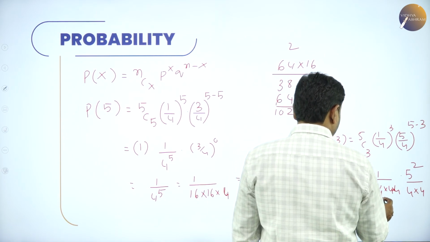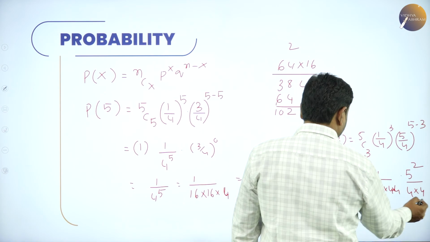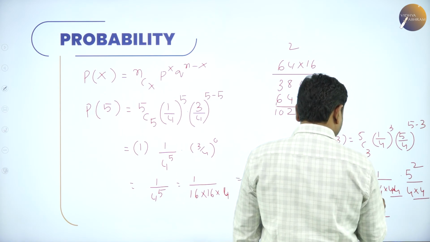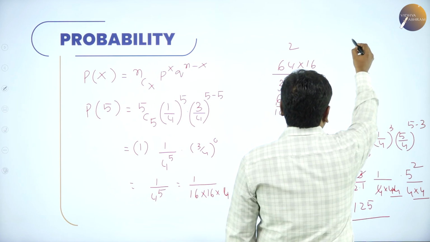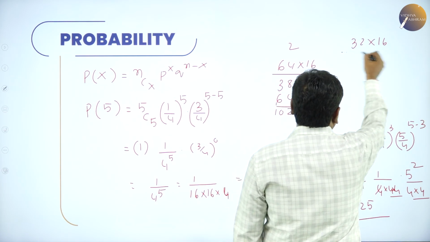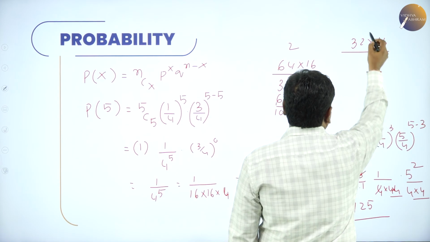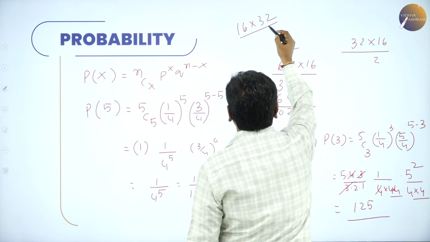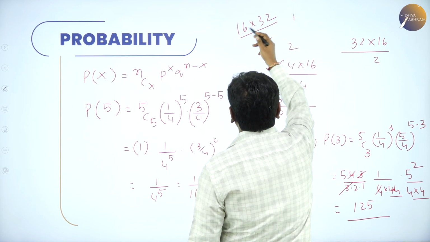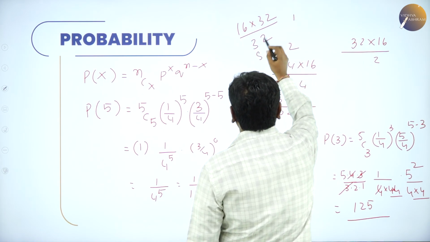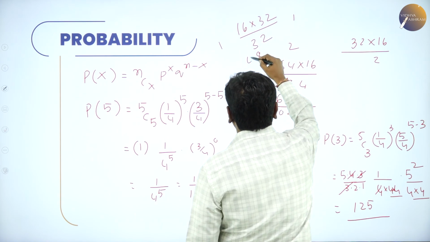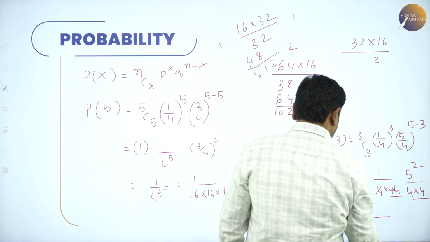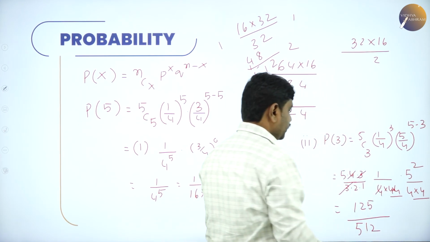Denominator: 2 4s are 8, 4 4s are 16, 16 into 16 into 2, 16 2s are 32, into 16 is 512. So the answer is 125 by 512.